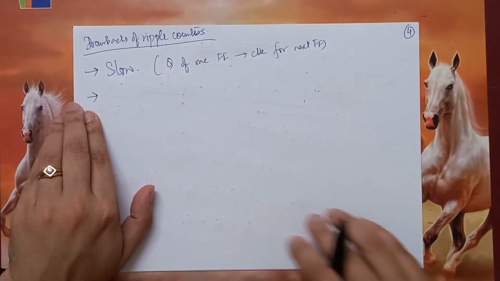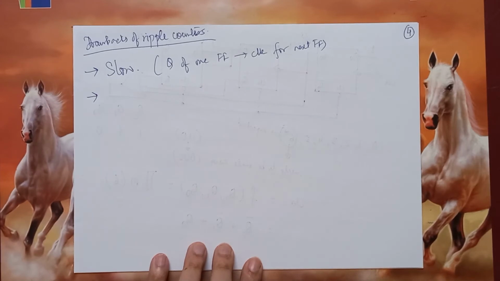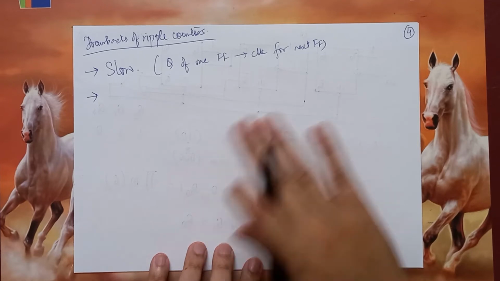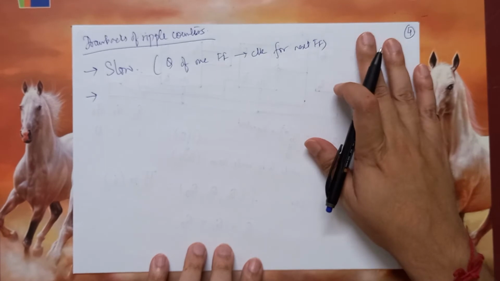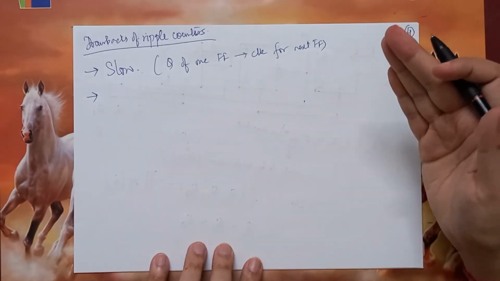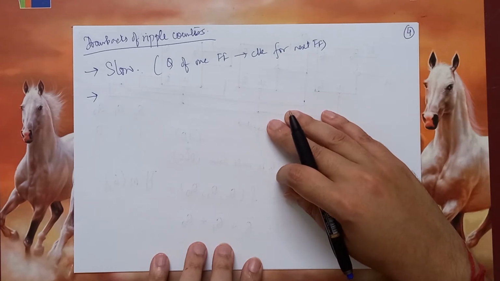Next, we have seen how to make ripple counters using T flip-flops. We also said we can use JK flip-flops because for J and K equal to 1, the next state is the complement of the present state. But if I tell you to make a ripple counter using either an SR flip-flop or a D flip-flop, that will become impossible, because for SR and D flip-flops, there is no combination which will give you a next state equal to the complement of the present state.